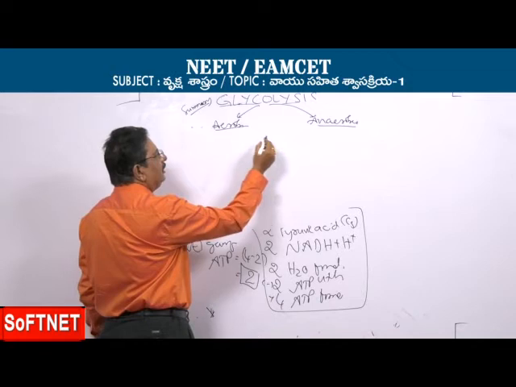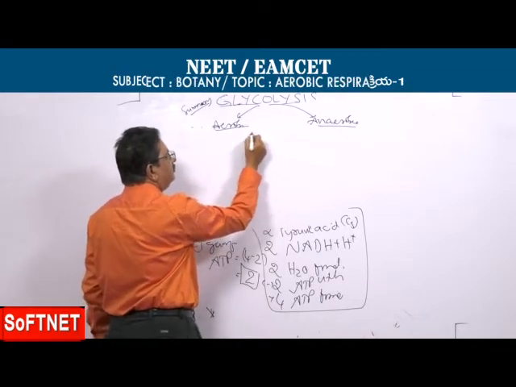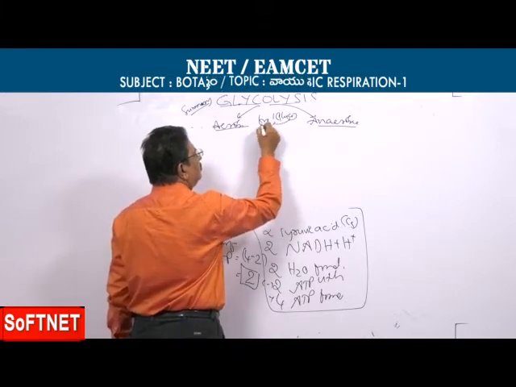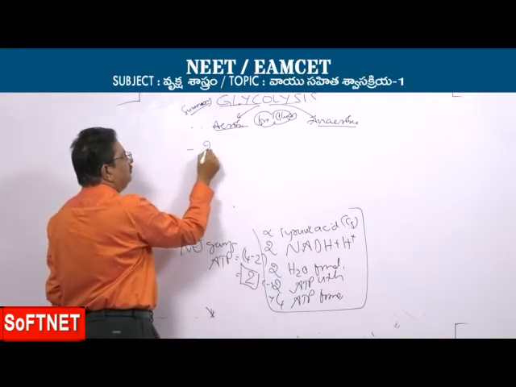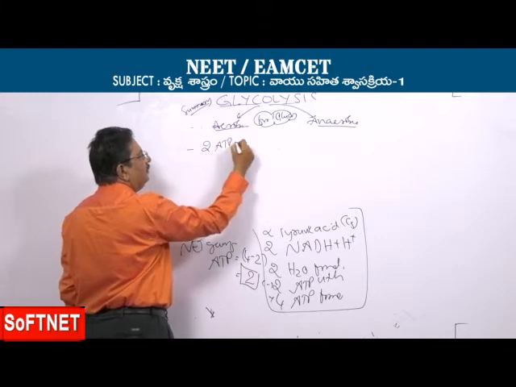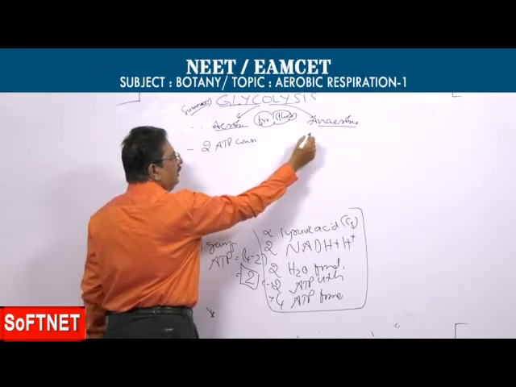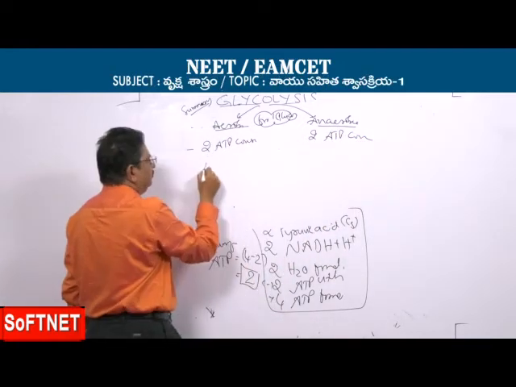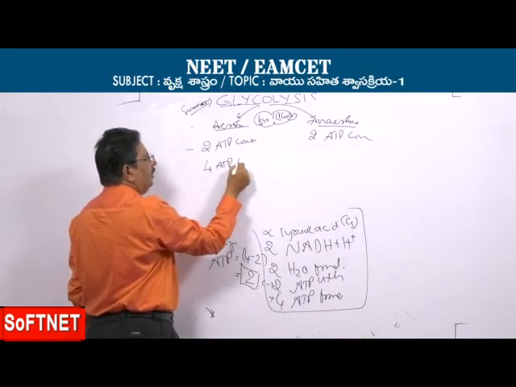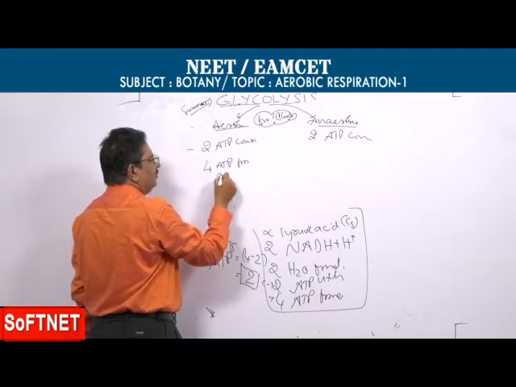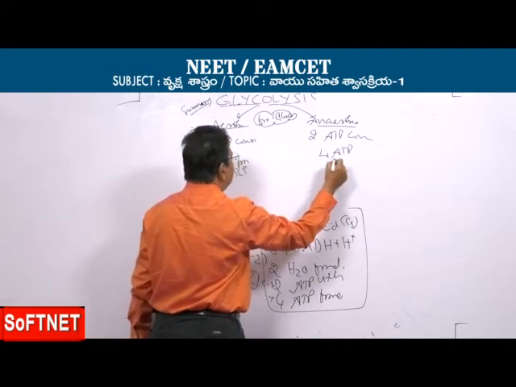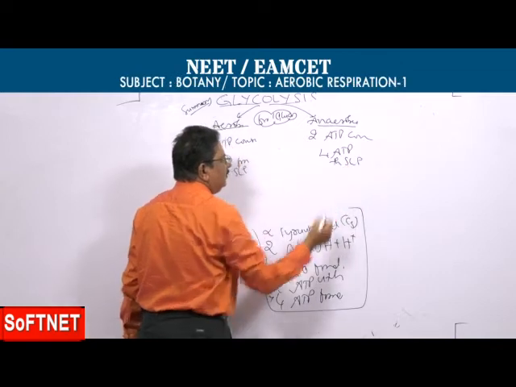So, in aerobic respiration, for 1 molecule of glucose, 2 ATP are consumed, and here also 2 ATP are consumed. 4 ATP are formed through SLP. Here also 4 ATP are formed through SLP.